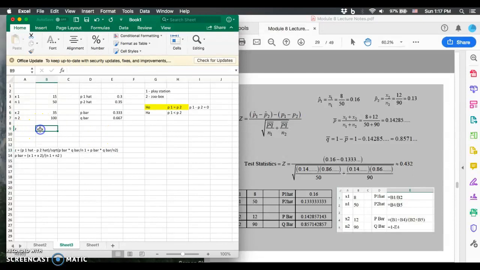Then my z-score is going to be P1 hat minus P2 hat divided by the square root of P bar times Q bar over n1 plus P bar times Q bar over n2.